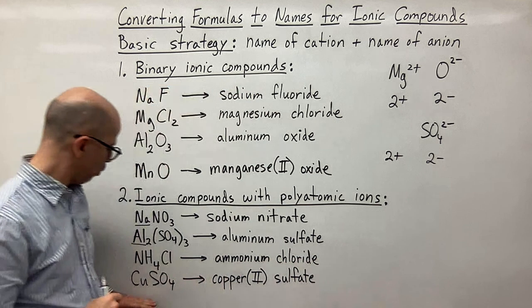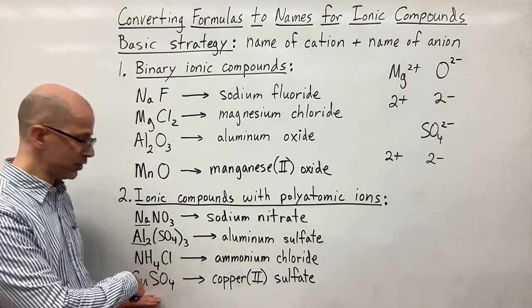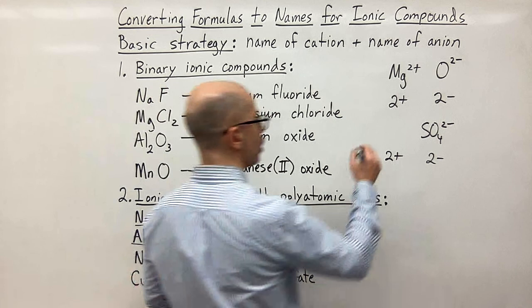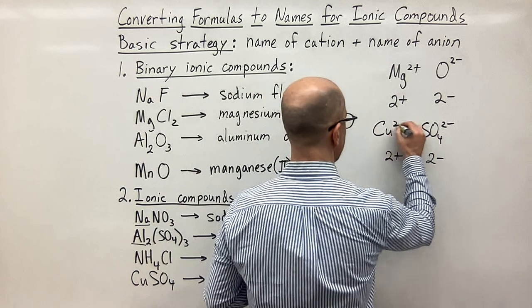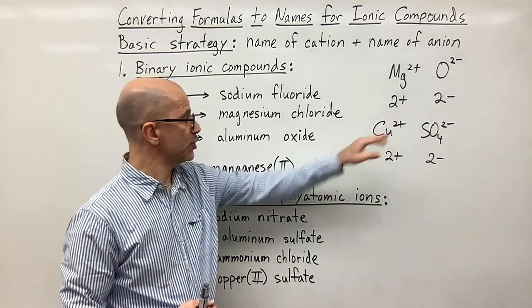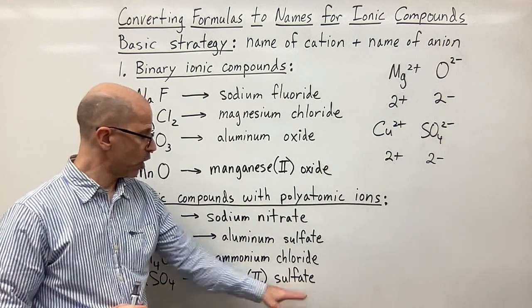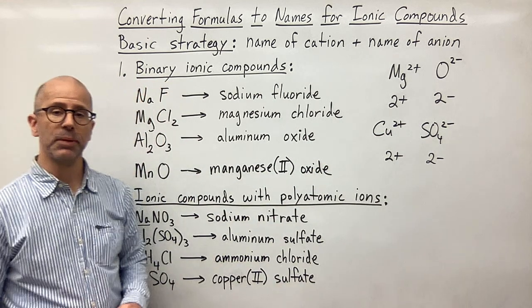I only have one copper atom here, so that 2 plus charge goes onto the copper. So that tells me that this is the copper 2 ion. So I have Roman numeral 2. So copper 2 sulfate is the name of that compound.